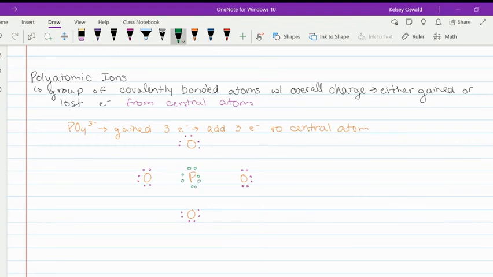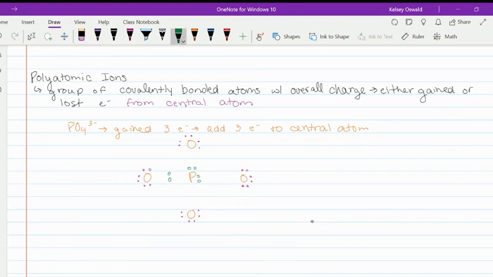Okay. So now that we've added those electrons to that phosphorus, now we can look to see how our atoms are going to bond. Each oxygen has 6 valence electrons, which means it needs 2 more. So each oxygen is going to see that pair of electrons just sitting on phosphorus.